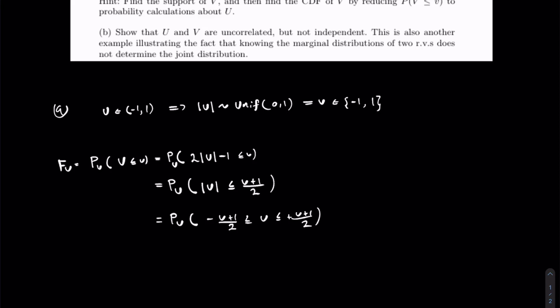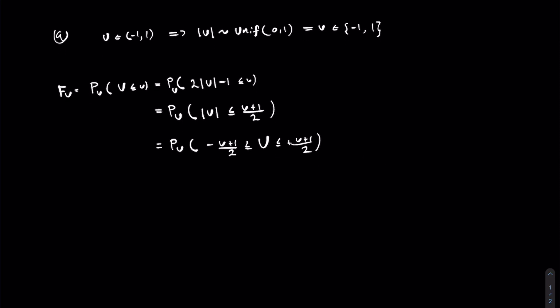Just to clarify, this is the constant v here, the small value v, and I'm going to make this a little larger to emphasize that fact. And this we know how to calculate: u has a uniform PDF, and it's between these two constants.